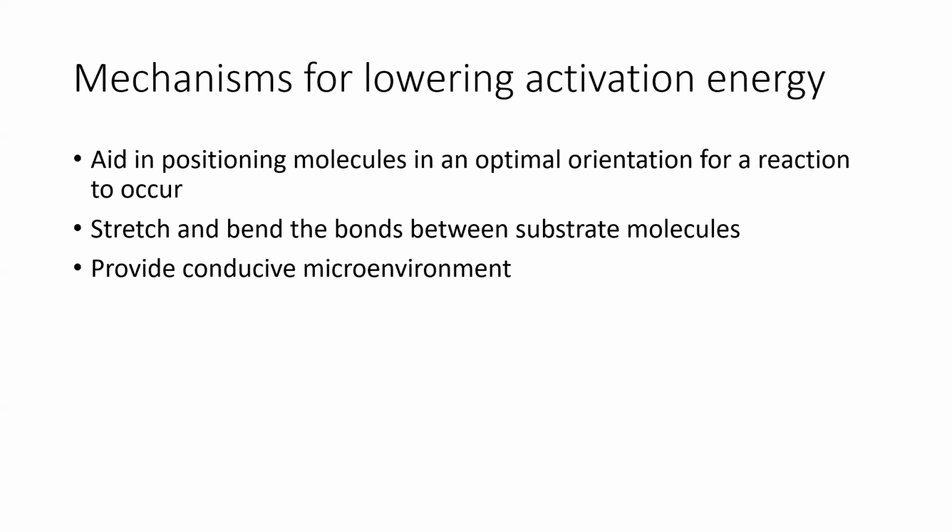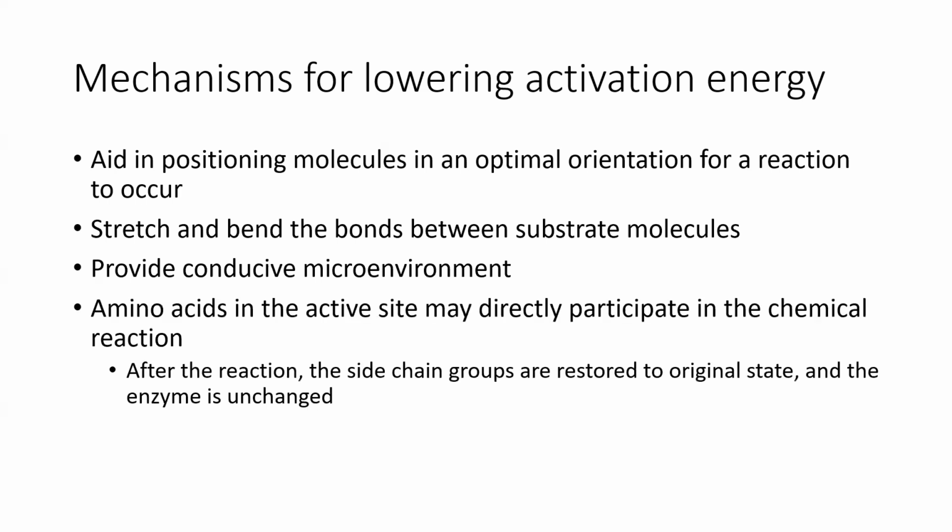Sometimes they might produce or provide a conducive microenvironment. This is kind of challenging to understand maybe, but the microenvironment would be like a specific pH or a specific electrochemical environment, and they could provide certain charged particles or certain charged ions to make it better for that substrate. They could change the pH, other things like that.